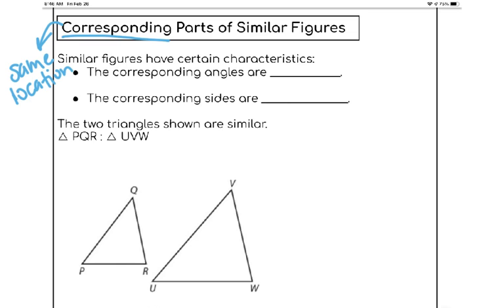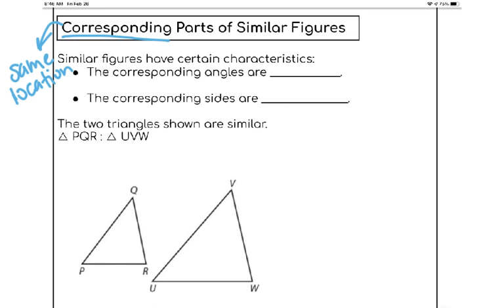So if I'm looking here at these two triangles, you can tell by the way the similarity statement is written, because angle P is going to be congruent to, or corresponding to, angle U, and angle Q is corresponding with angle V, etc. You can tell by the writing of those statements. PQ, that side, is going to be corresponding to UV. That's how you can tell if it's written. But if you're drawing it, you can also tell that way.